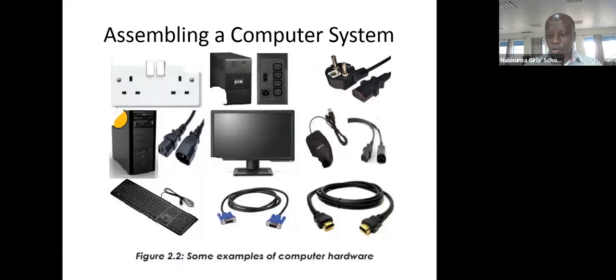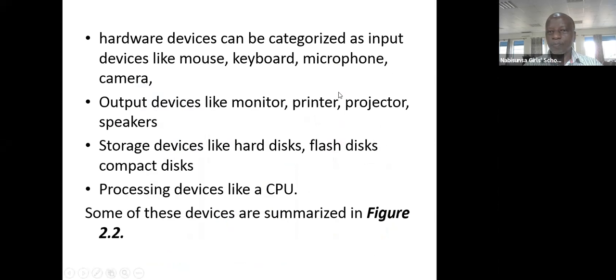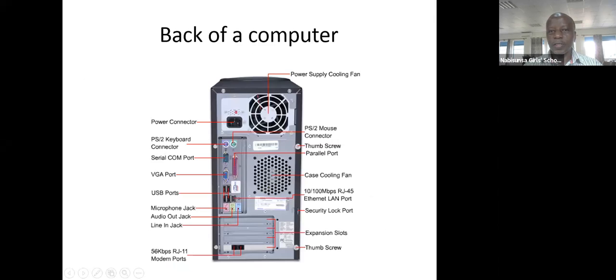Now, I want you to look at the back of the computer, because at the back of the computer is where we connect these components. And when you look at this, I wonder whether you can read these ones. The first arrow at the top left-hand side is the power connector.